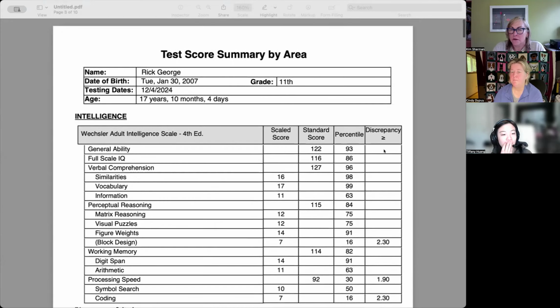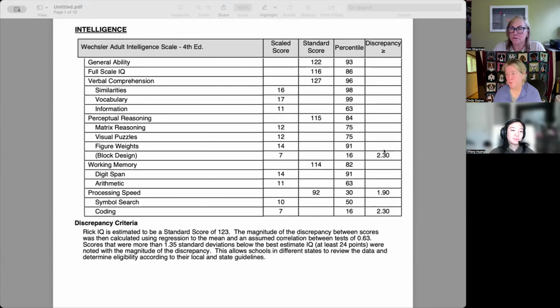Many of the kids that are assessed for dyslexia, dysgraphia, dyscalculia often have the working memory and the processing speed scores pop out. Thirty years ago, we talked about the ACID test, which is digit span, coding, whatever it was at the time. It was WISC 3.